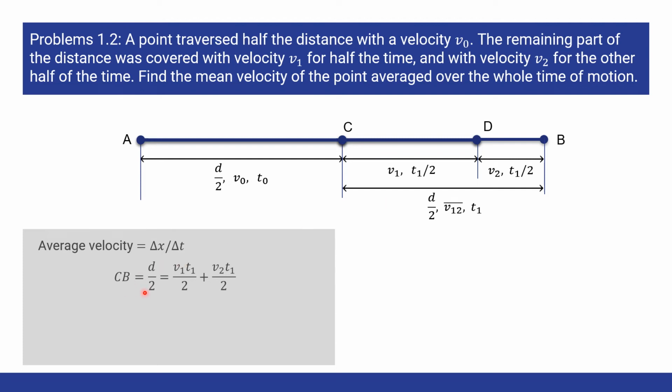Therefore, distance CB is equal to v1 t1 by 2 plus v2 t1 by 2. This gives average velocity as d by 2 divided by t, and this is equal to v1 t1 by 2 plus v2 t1 by 2 divided by time between C and B, that is t1. Therefore, average velocity between C and B is equal to v1 plus v2 by 2.